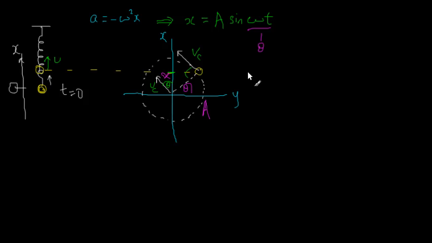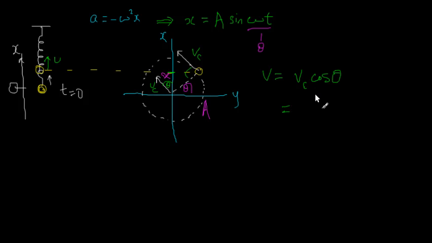So that should give me the vertical velocity of this motion in the spring. So I can write that down now. v, the vertical component, is equal to vc times cosine theta.